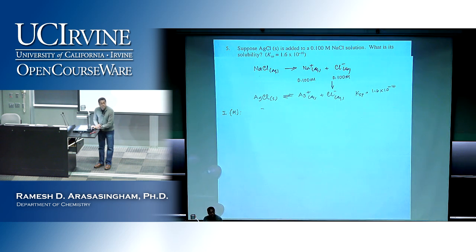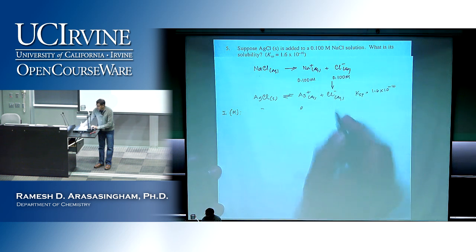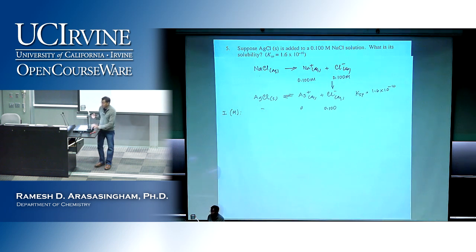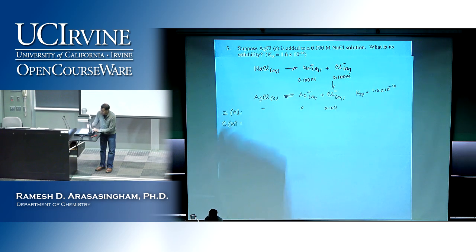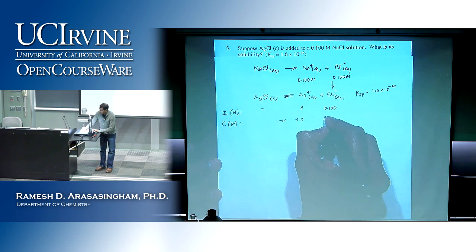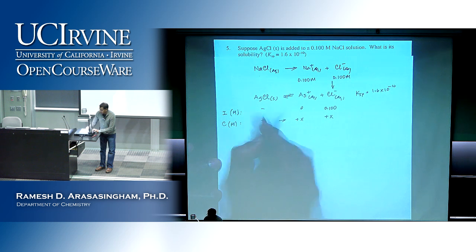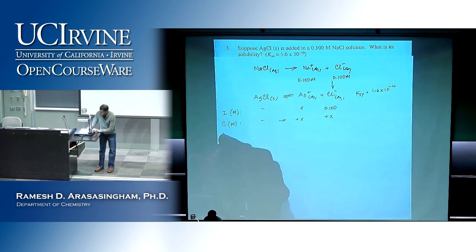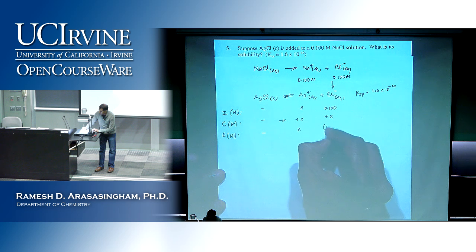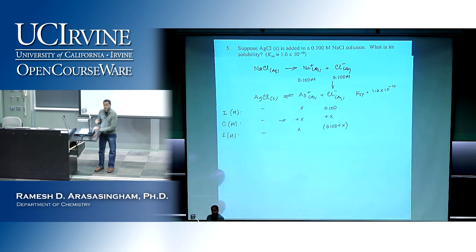Since AgCl is a precipitate, we don't need to concern ourselves with its concentration. Silver starts at 0, and chloride starts at 0.1. The reaction has to take place in the forward direction, so the change is plus X for each ion. At equilibrium, silver is X, and chloride is 0.1 plus X.